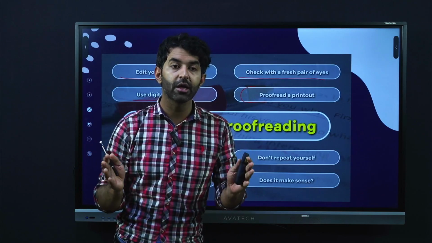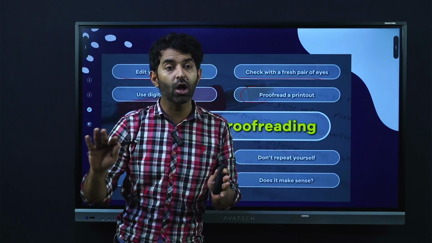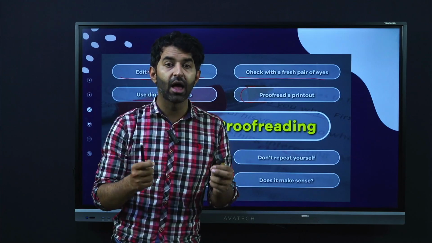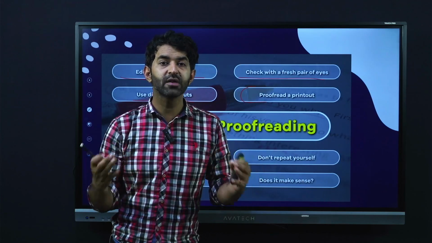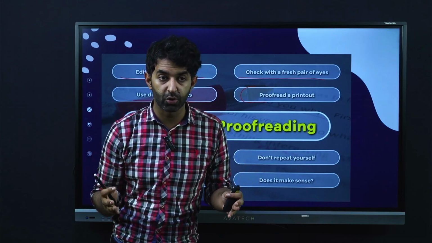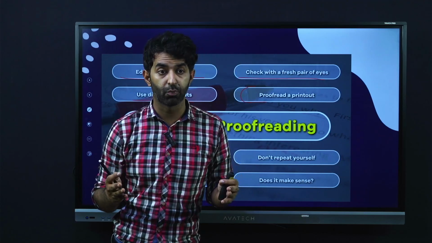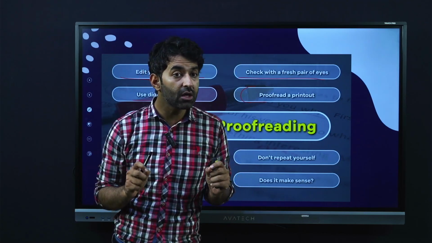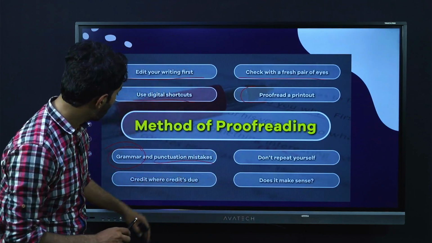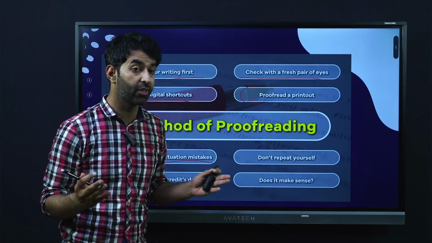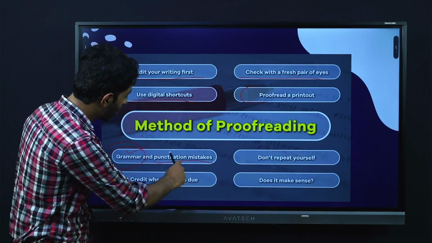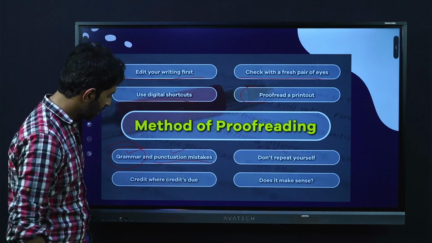For example, if we have put a comma in the wrong place, if we have misused a hyphen or question mark, sometimes we are asking a question without even putting the interrogative punctuation mark at the end. So it is very important that we check for grammar. All kinds of grammar and punctuation mistakes could be there.